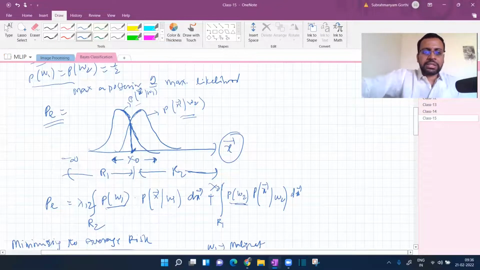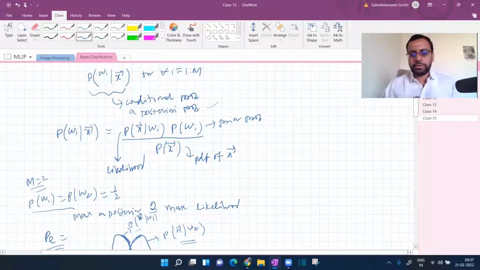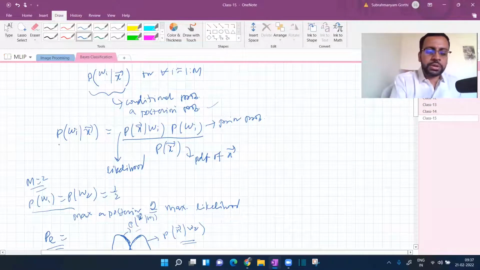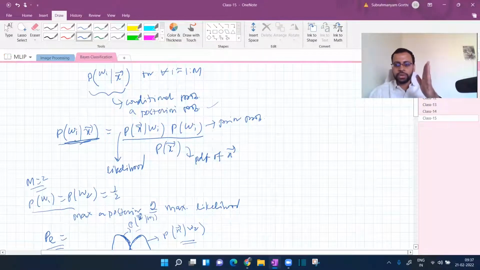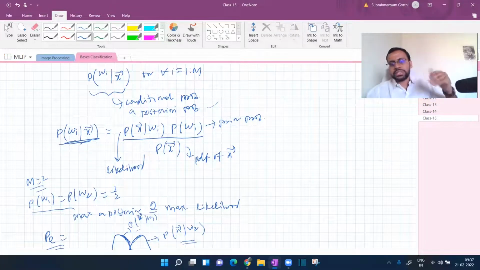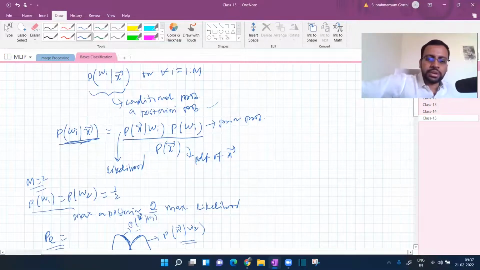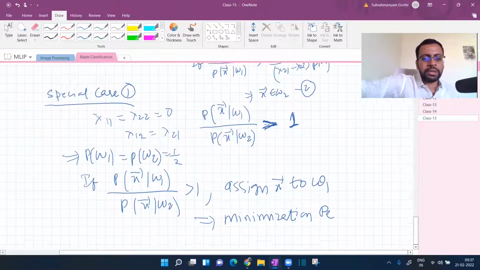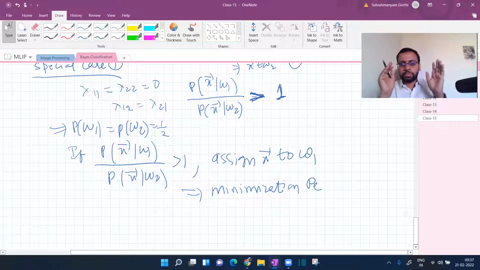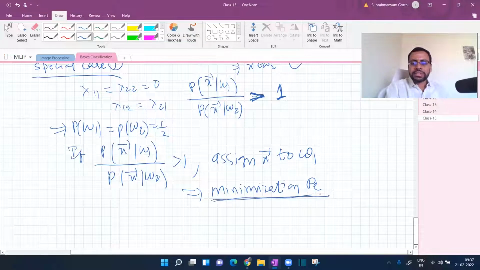You would compute probability of X bar given omega 1 into probability of omega 1, which would be your a posteriori probability. You do the same for omega 2, then select the one which is more. Whichever probability is more, you assign it to that class. So even relaxing this assumption, generalizing it so that the prior probabilities need not be equal, this would be equivalent to minimization of PE.